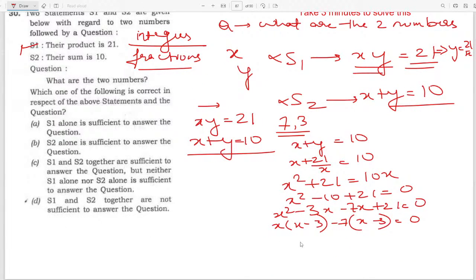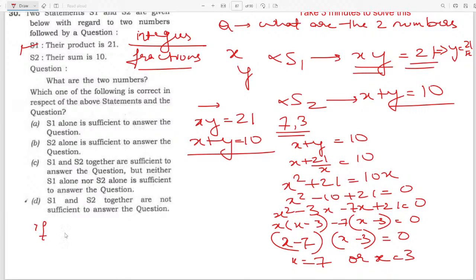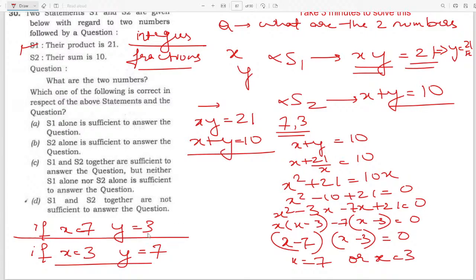So this would be x minus 7 into x minus 3 equal to 0. So x is equal to 7 or x is equal to 3. If x is equal to 7, then y is equal to 3. If x is equal to 3, y is equal to 7. In both cases the numbers would be 3 and 7.